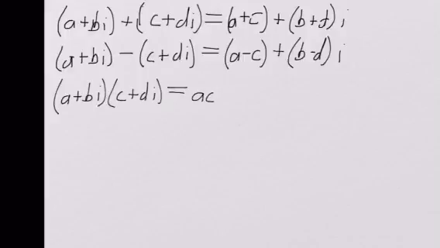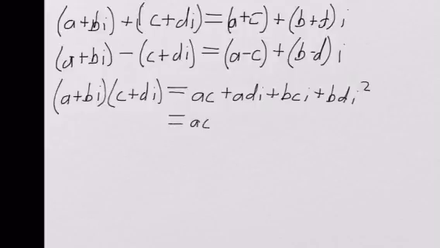So I get ac plus adi plus bci plus bdi squared. Now the important thing that's different here is that i squared is equal to -1.